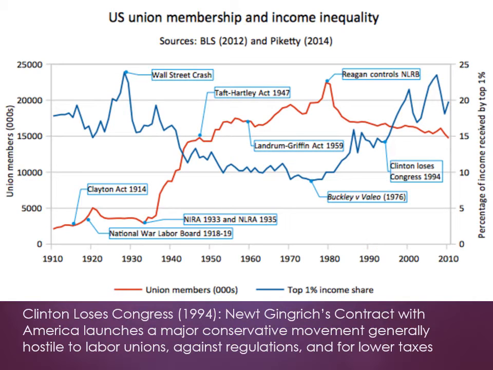Now let's look at the last of these events here, and that would be what was called the Contract with America. Bill Clinton, kind of a moderate Democrat, was elected in 1992, but 2 years later, the Republicans made major gains in the midterm elections, the congressional elections of that year, and the Speaker of the House was Newt Gingrich at the time, and he issued something called the Contract with America.